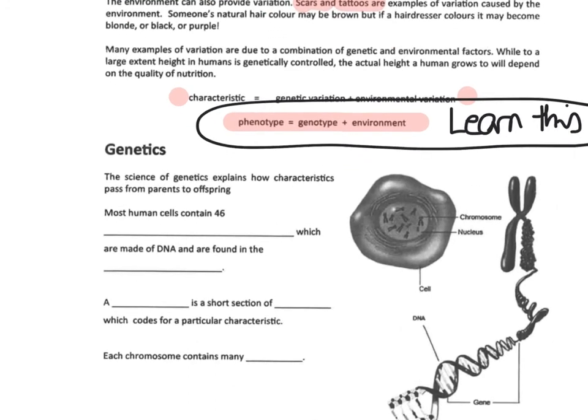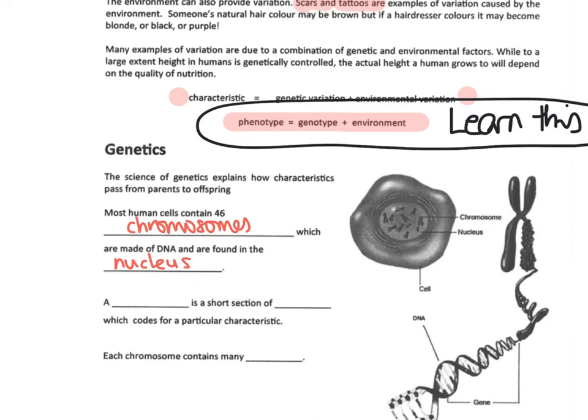At the bottom, this is just a quick recap on what we did in the last topic. Science of genetics explains how characteristics pass from parents to offspring. So, most human cells contain 46 what? Well, I'm sure you all know it's chromosomes. They're made of DNA, and where do you find them? Again, I'm sure you all know that they're found in the nucleus.